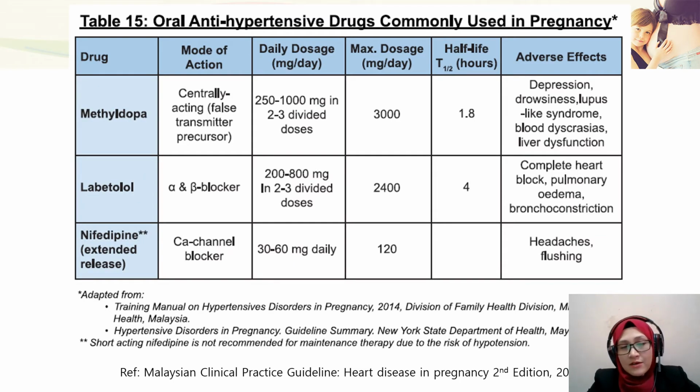So these are the oral antihypertensive drugs that can be used for pregnancy-induced hypertension or preeclampsia. The usual selection is either methyldopa or labetalol, but nifedipine can also be used. Please refer to the Malaysian CPG for further explanation of this medication.